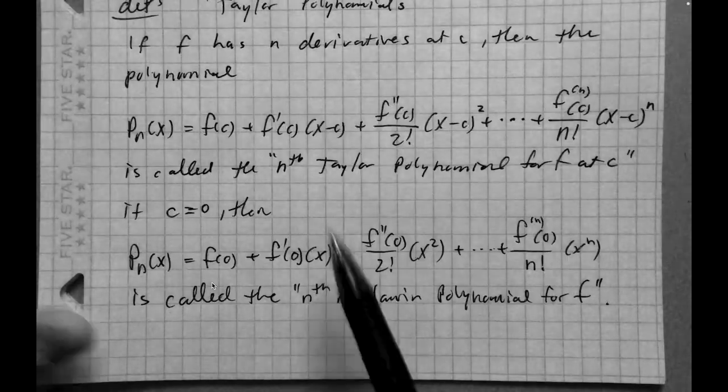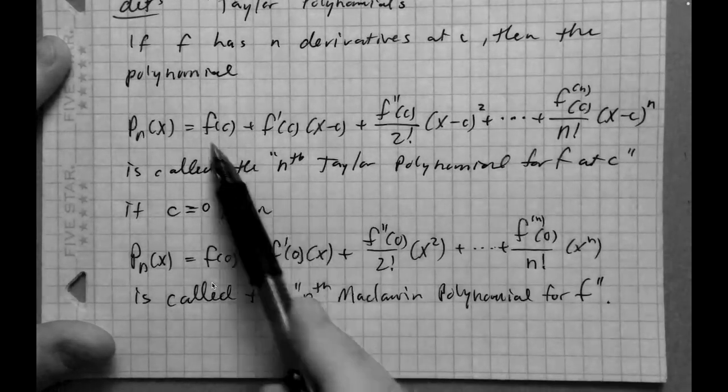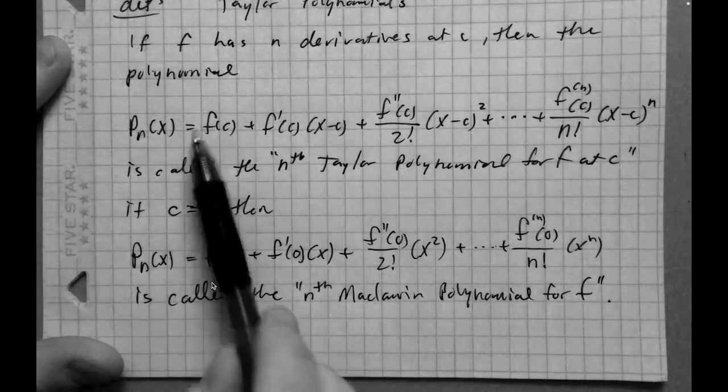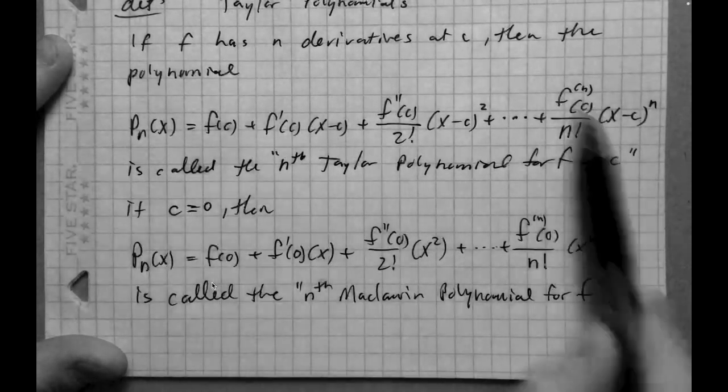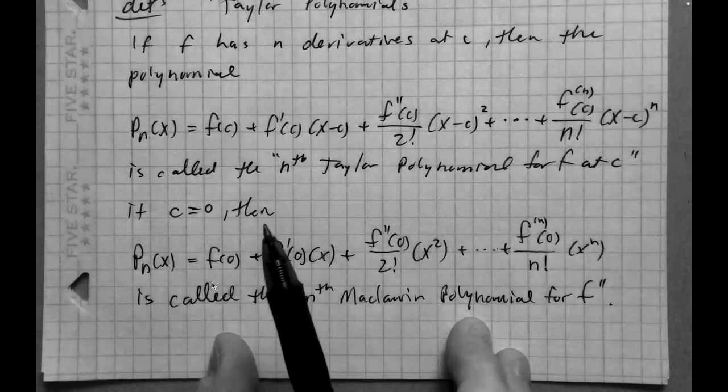So that's the definition of the Taylor polynomial, a way to approximate a given function f using this form. All right, let's do some examples. Let's try generating some of these polynomials and see what's involved.